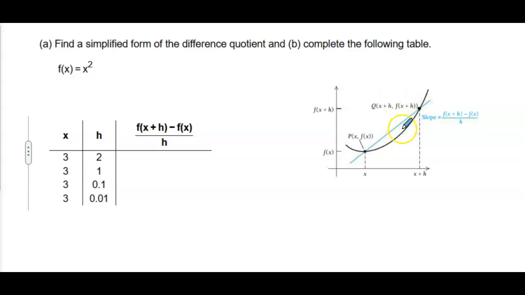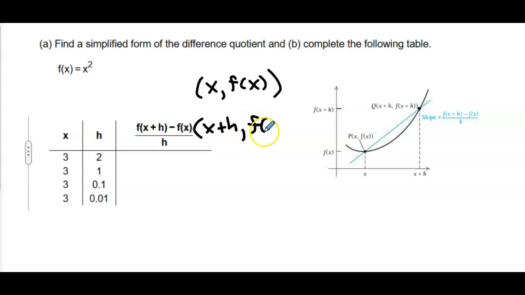So I can grab the ordered pairs for these 2 points. This first point here has an input x, and since the input is x, the output is just f of x. And the other point over here, we've added h to our initial x, so our next x is x plus whatever that h is, and then the associated output with that is the function evaluated at that input x plus h. So there's our ordered pair.